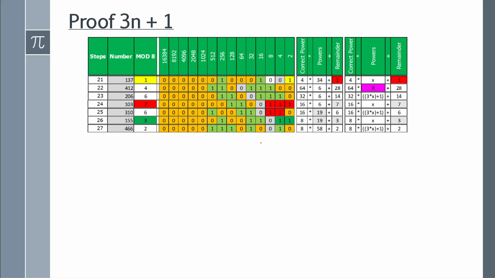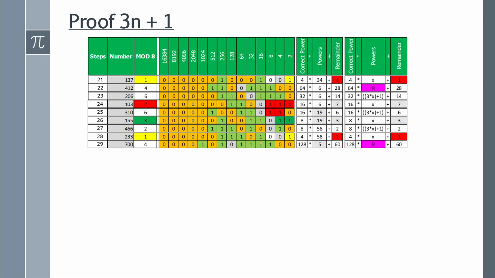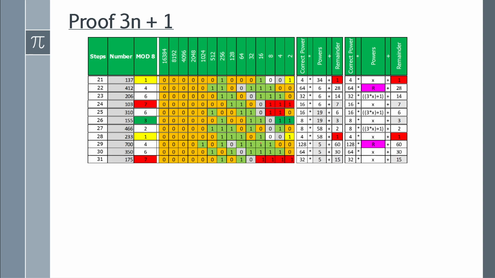So here we went 103 to 155 to 233. So in 3 steps, we will be below 233. Right, we do our loop reset, 700, and 175 is below 233.